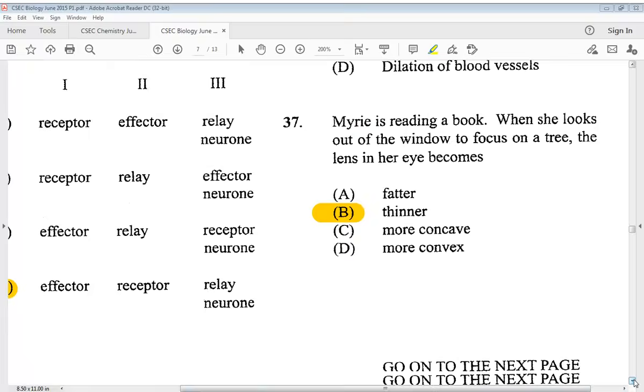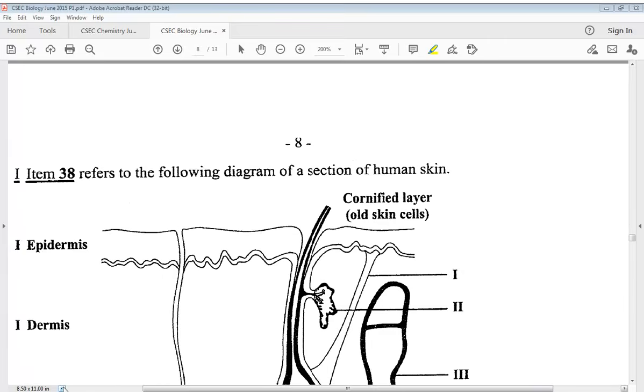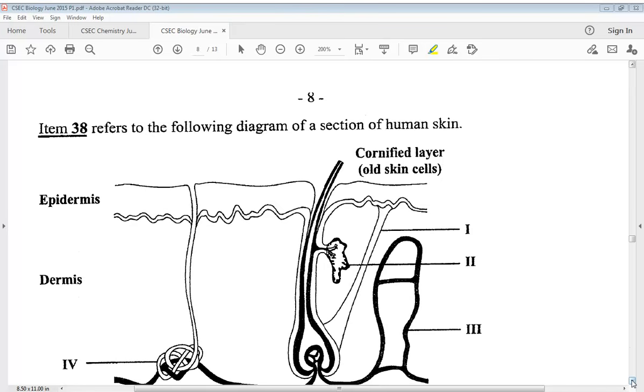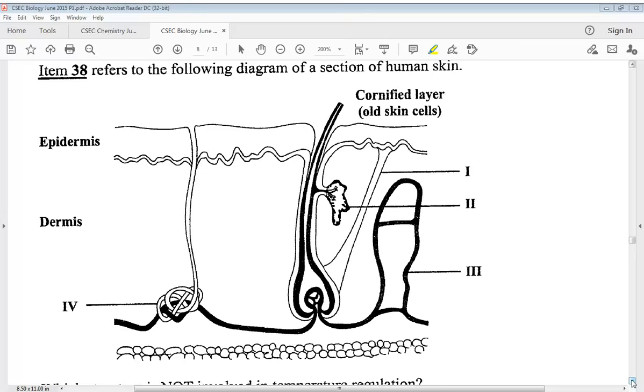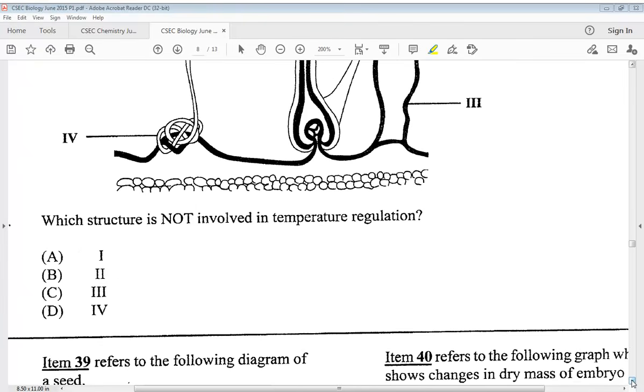Let's go to 38. So item 38 refers to the following diagram of a section of the human skin. So 1, 2, 3 parts there, 4 parts. So it says, which structure is not involved in temperature regulation?